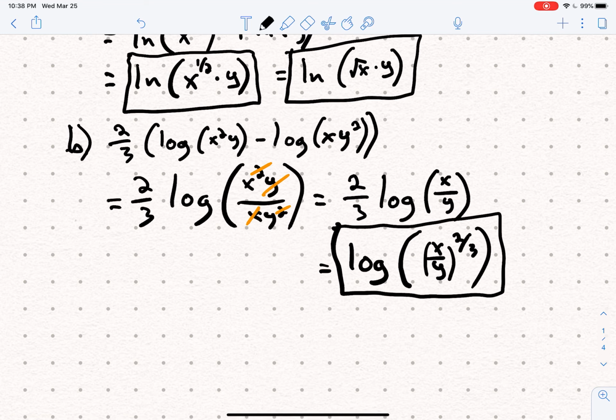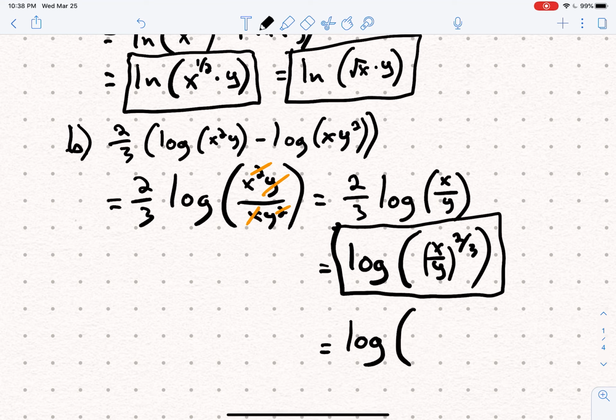If you would like to convert that fraction power into something like a radical, the way that it works is for a 2/3 power, the root is going to be given by the 3 that's on the bottom, so this is going to be a cube root, and then the 2 is going to be like a squared attached to this thing. So we can rewrite this one more time. I'm fine with leaving it in the version that's boxed here, but you can also rewrite it like this.